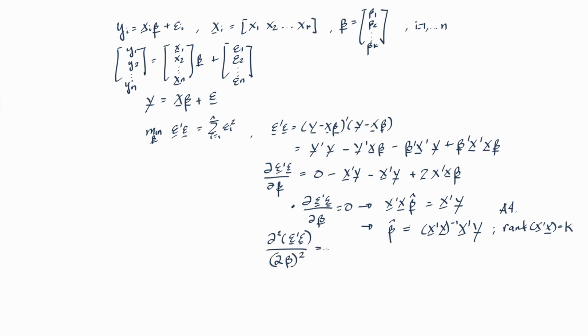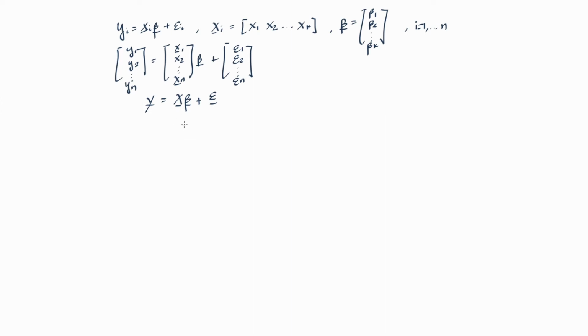And this is basically 2 X prime X. And since we know that the rank of X prime X is k, therefore X prime X is positive definite. And since the second derivative yields a positive definite matrix, then beta hat indeed minimizes epsilon prime epsilon. And we have solved the least squares estimator beta hat for beta.